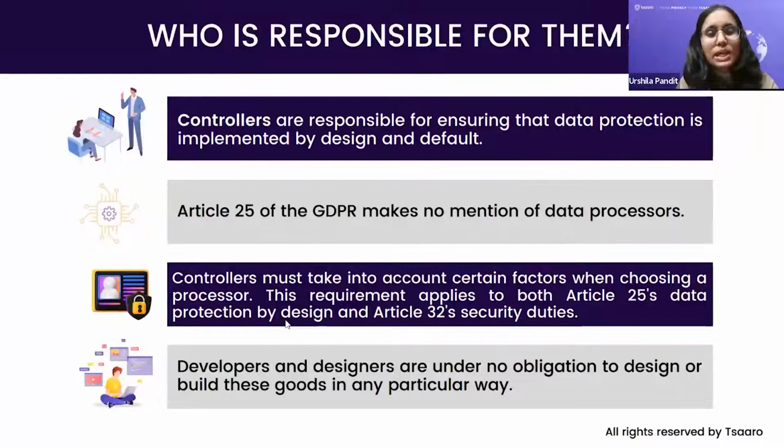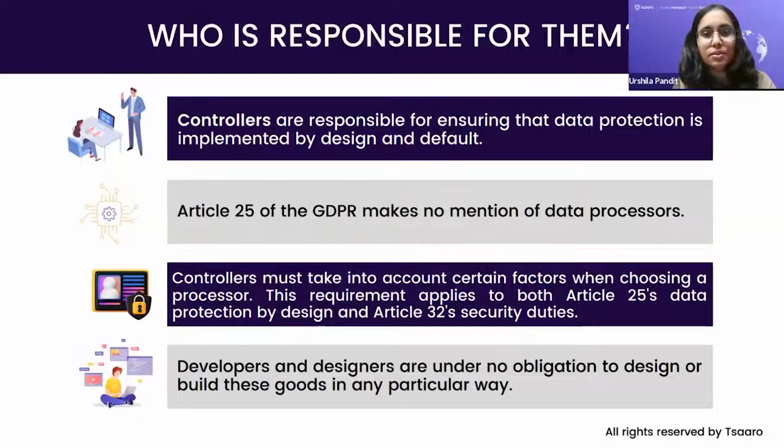Moving on to who is actually responsible for compliance with privacy by design and by default principles. So actually the GDPR specifies that controllers are responsible for ensuring data protection by design and by default. So the GDPR doesn't mention that processors are actually responsible. So who are controllers? Controllers are those who decide the purpose of processing of the data.